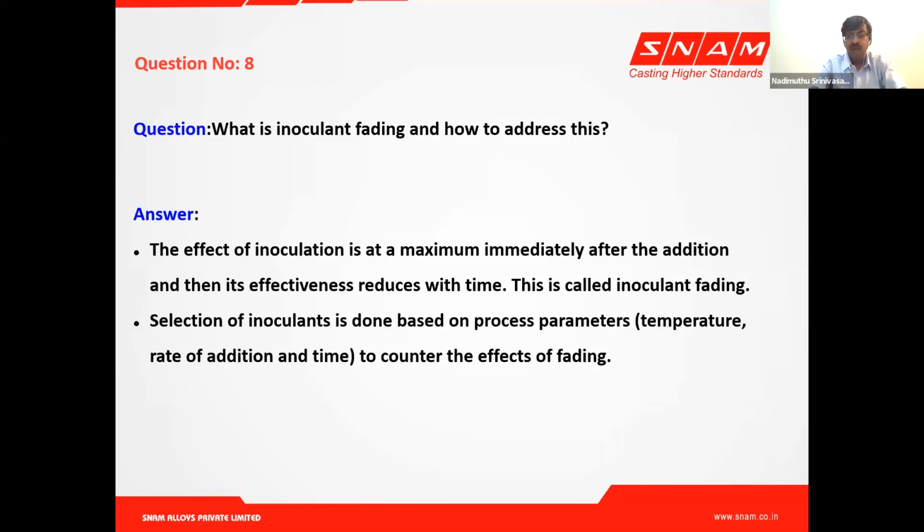Of course, if you look at a barium-based inoculant compared to a ferrosilicon with calcium and aluminum, barium acts when the temperature is above 1420, your pouring temperature. Below that, calcium is effective in forming the calcium oxysulfide. So to some extent, the composition of the inoculant helps, but the inoculation fading has to be jointly addressed with the process parameters.